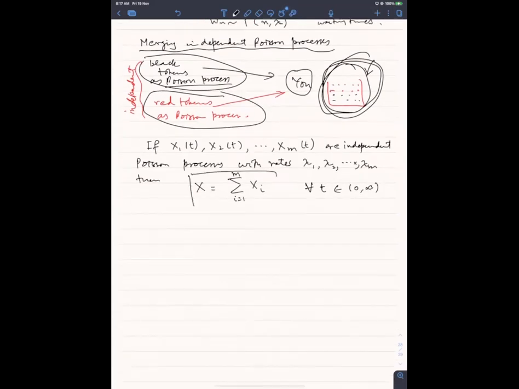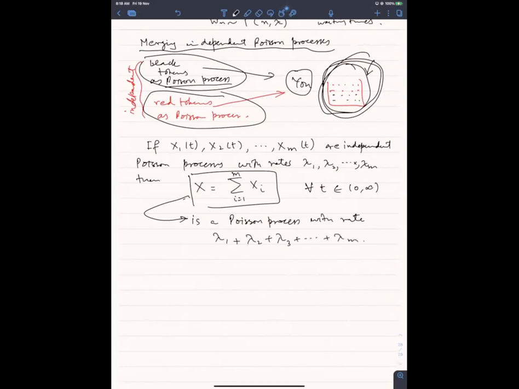Then X, which is this guy, is a Poisson process with rate lambda 1 plus lambda 2 plus lambda 3 ... plus lambda m.